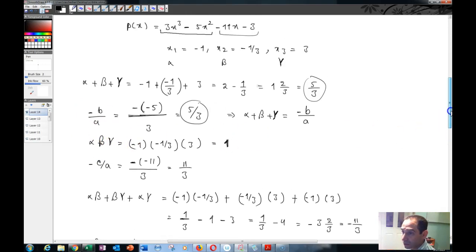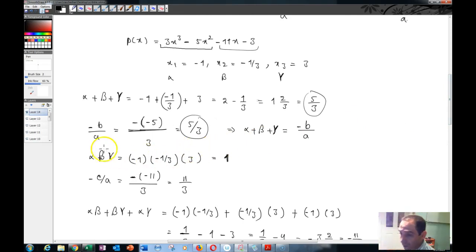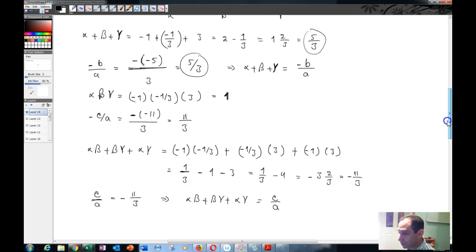So let's see what the problem here is. So you have alpha, beta, and gamma as -1, -1/3, and +3. So that's supposed to be a +1. 3/3 is equal to 1, so that's a -1, -1 times -1 is equal to +1. And negative c by a is 11/3.